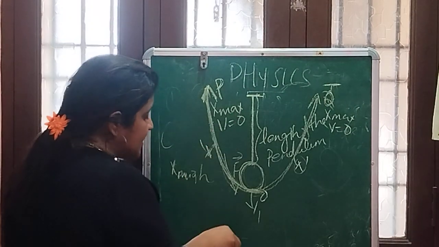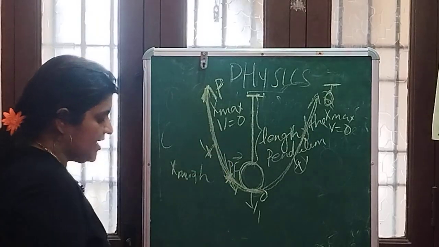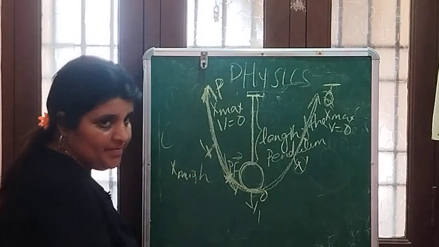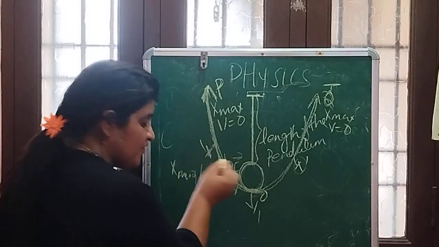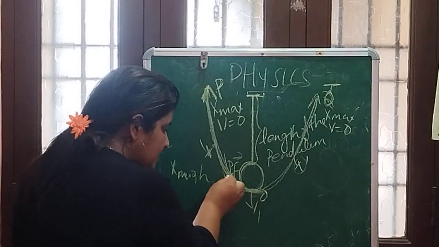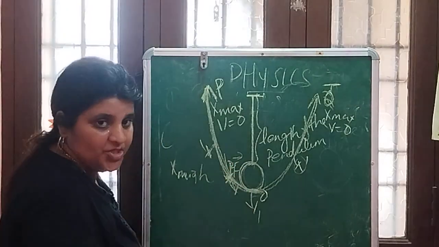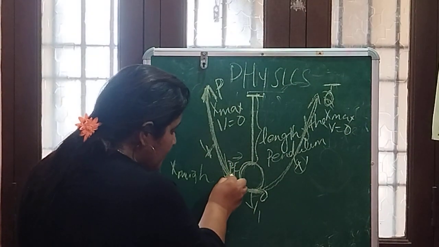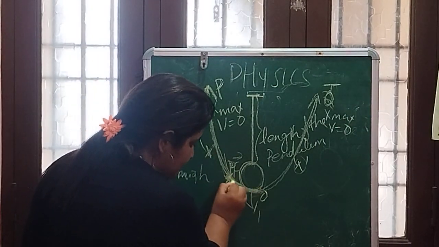Now, in the second case, we take the extreme position P very near to the equilibrium position. In this case, the value of the displacement is very small. If we release the force from the extreme position P, the bob will oscillate slowly.